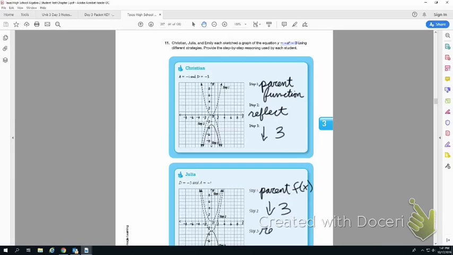And the last thing they did was reflect it. Once you get that written down, turn that over. There's one more example of these.